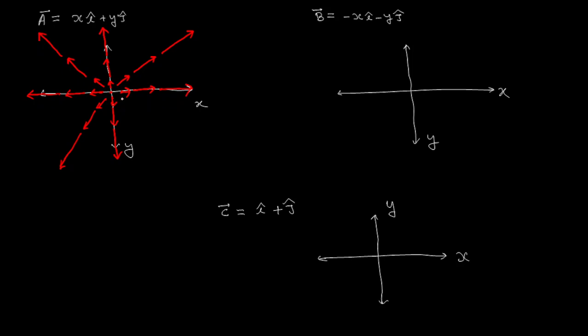In the same way, if we take x equals plus 1, y equals minus 1, it will be along this direction. Then x equals plus 2, y equals minus 2 will be along this direction, and when I put x equals 3 and y equals minus 3, the vector will be like this.